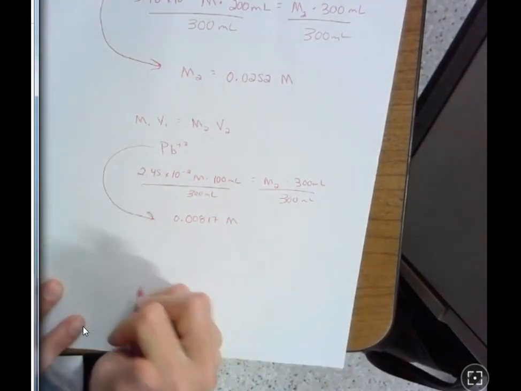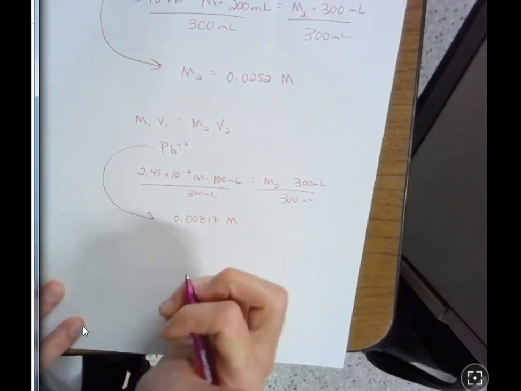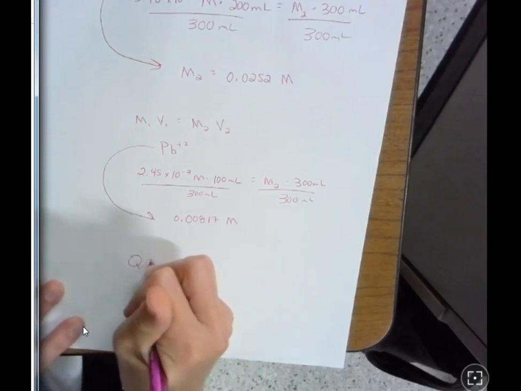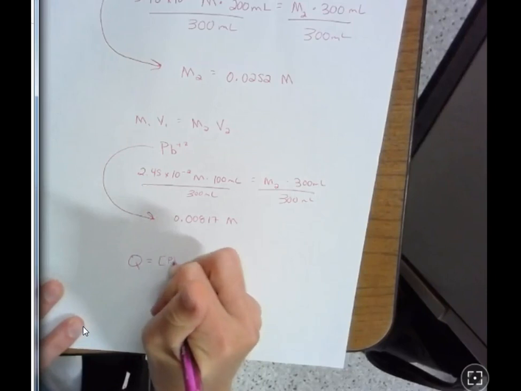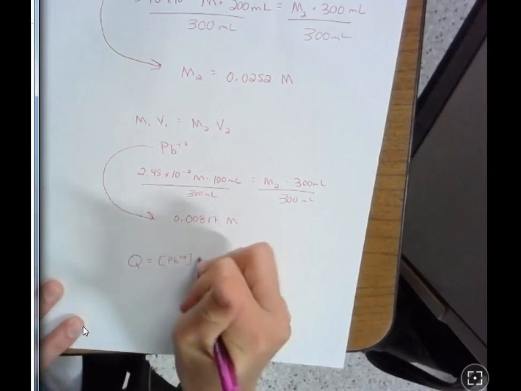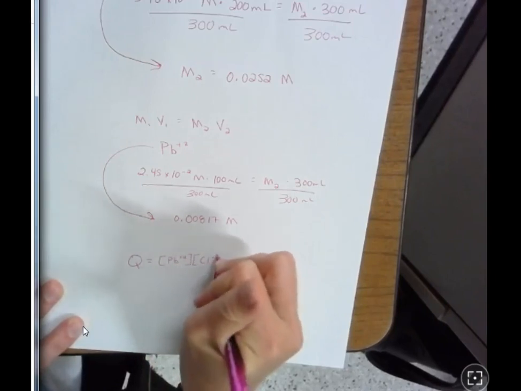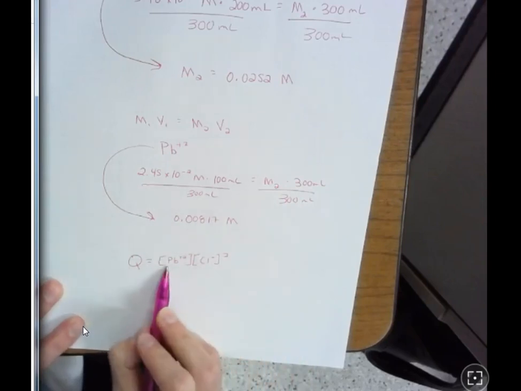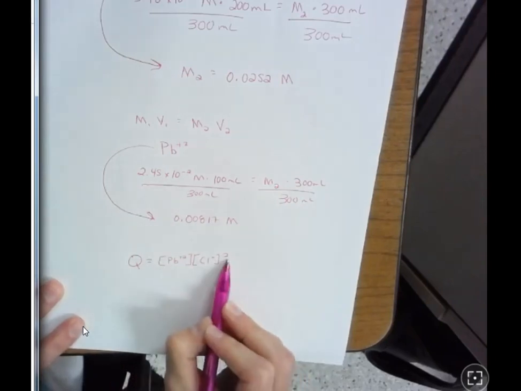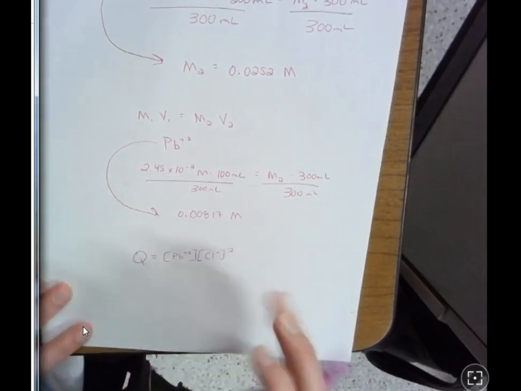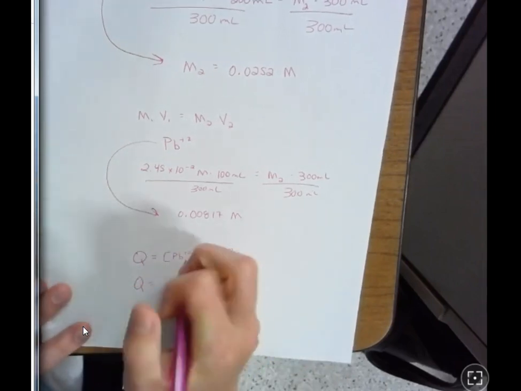Now I have my chlorine concentration and my lead concentration. And remember the question was, will a precipitate form? When we're asked that question, we're calculating Q for the precipitate that we think would form, which is going to be our lead concentration and our chlorine concentration squared, just like our KSP expression earlier. We'll plug in our values.